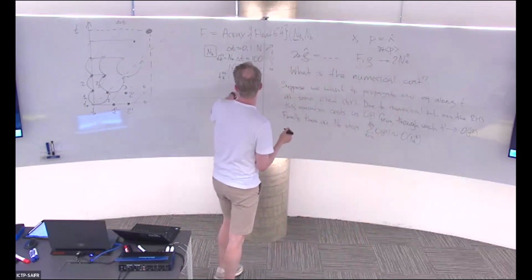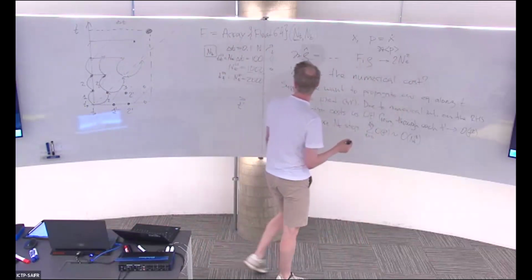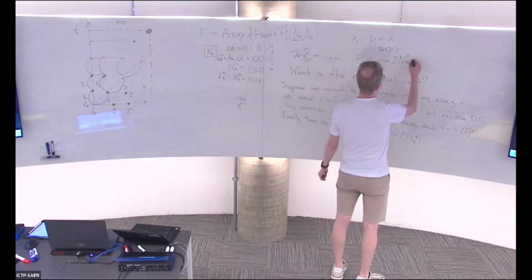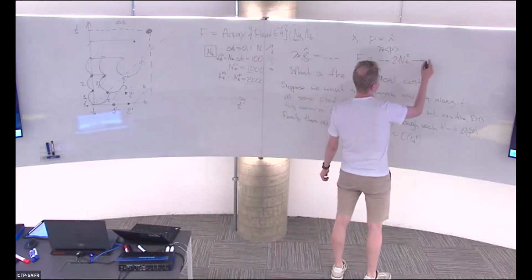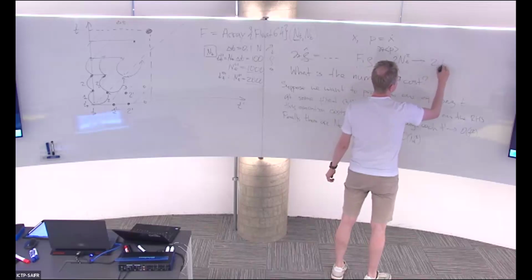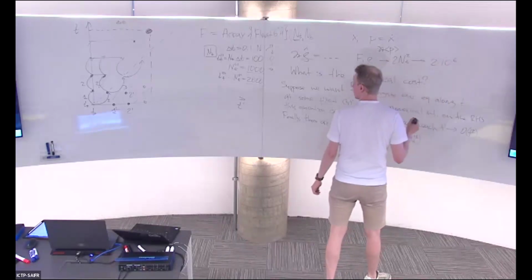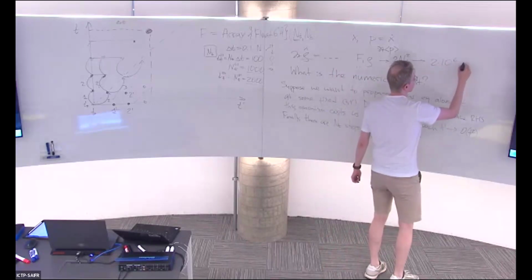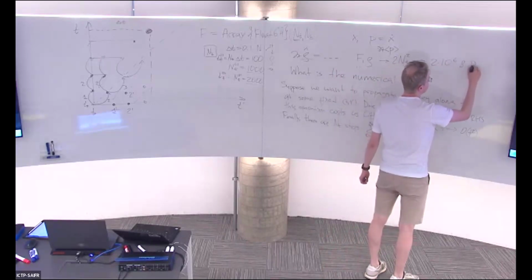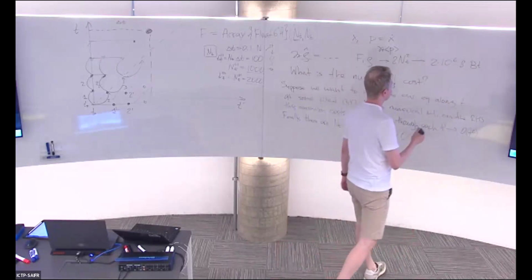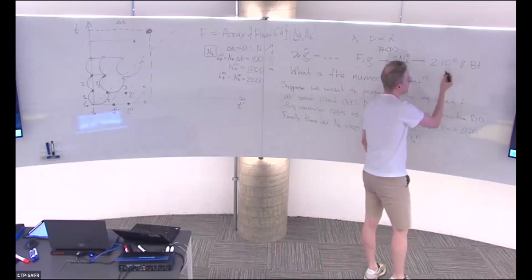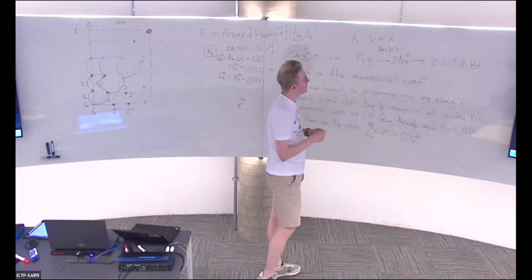So let's say Nt is 1,000. Then this would be 2 times 10 to the power 6 times 8 bytes. So it's already like 16 megabytes. Okay, this doesn't sound too scary, right?